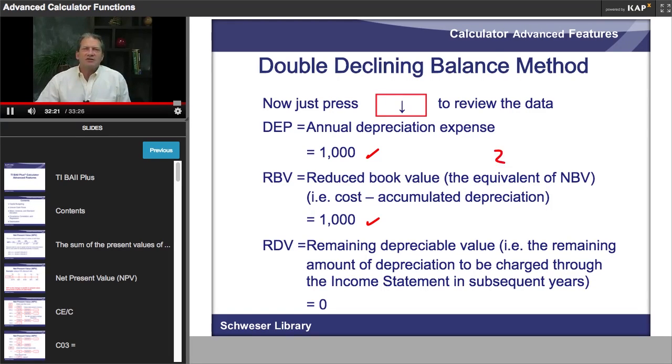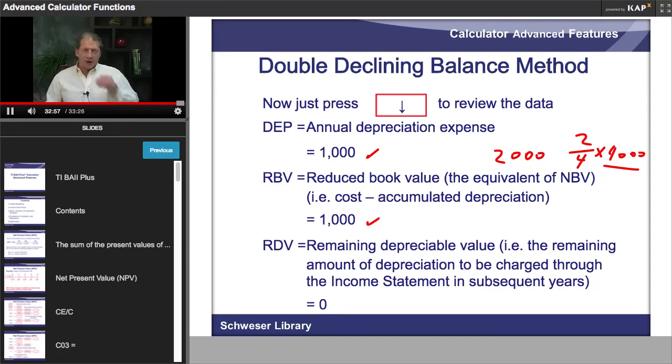Essentially, we've taken $2,000 the first year, which was 2/4 times the 4,000. 1/4 because it's got 4 years, 2/4 because we're using double declining balance, and because we're using double declining balance, we multiply it times the beginning book value, not times the difference between cost and salvage value. So remaining depreciation after the 2 years of double declining balance is 0.